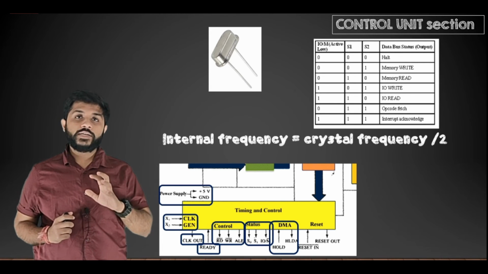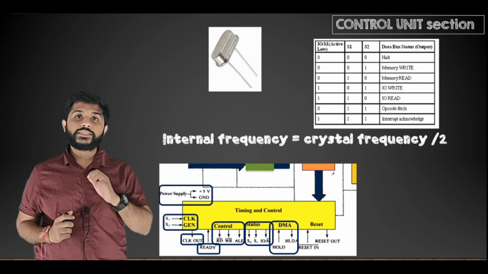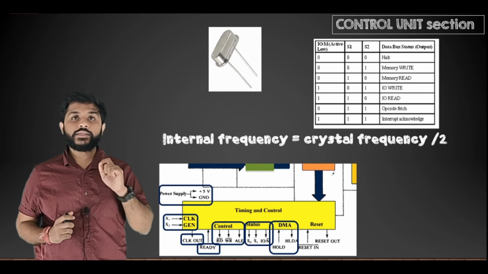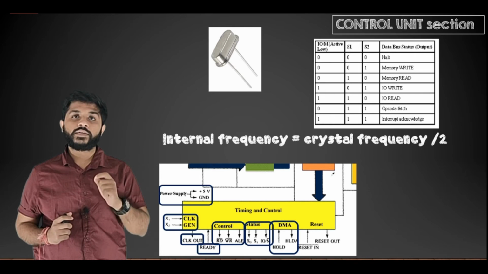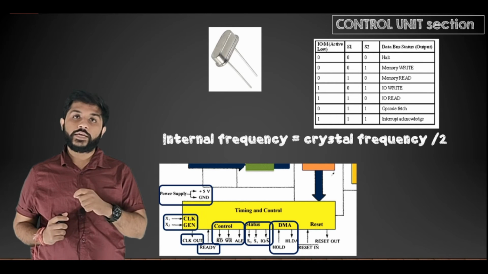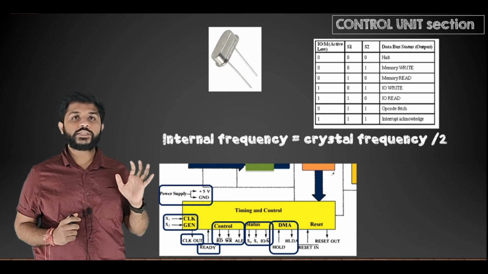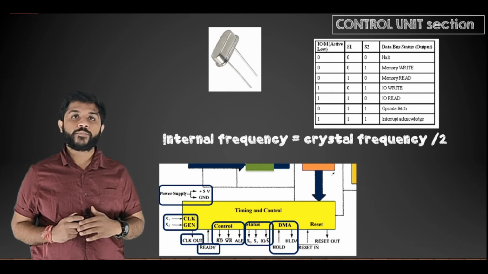When a peripheral device wants access to the system bus, it will send a request at the hold pin. When the processor receives the request at the hold pin, it can grant the request by sending the acknowledgement, which is HLDA. If the processor is not sending any acknowledgement, the peripheral device will think that the processor is busy and cannot provide the system bus right now.